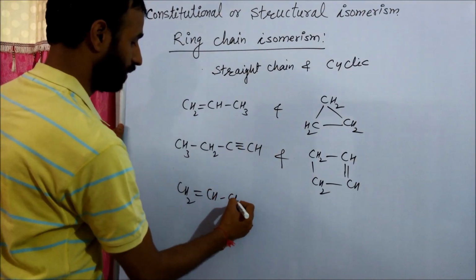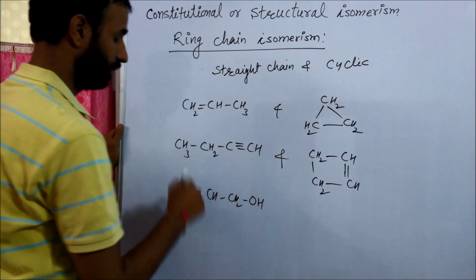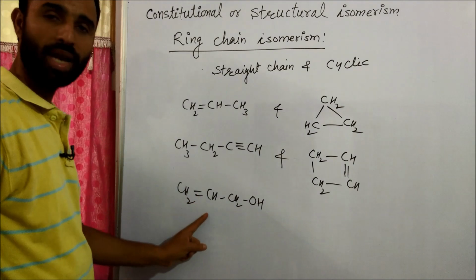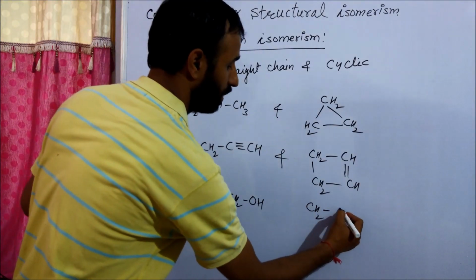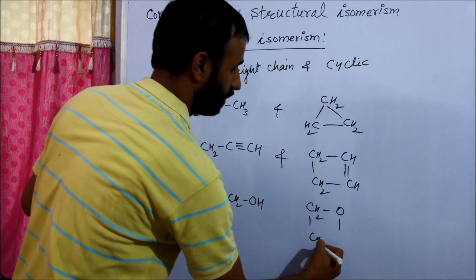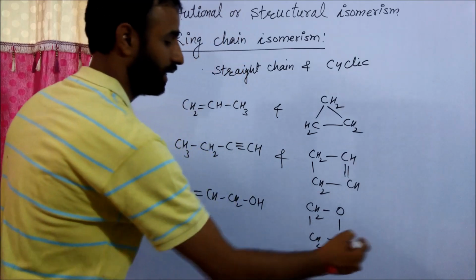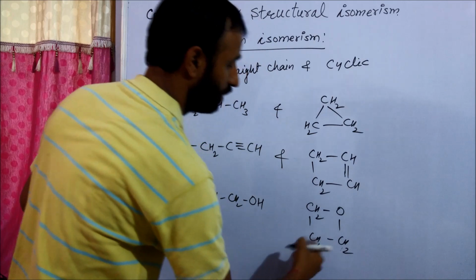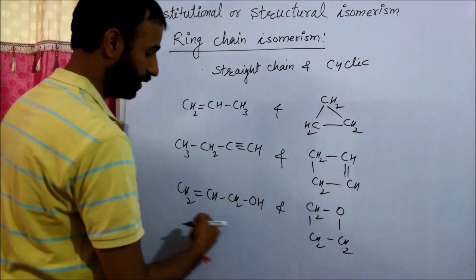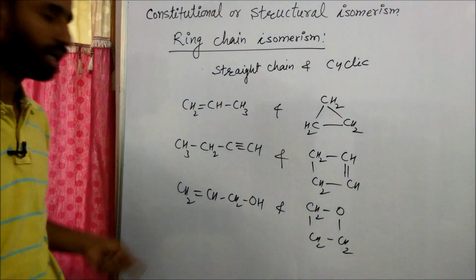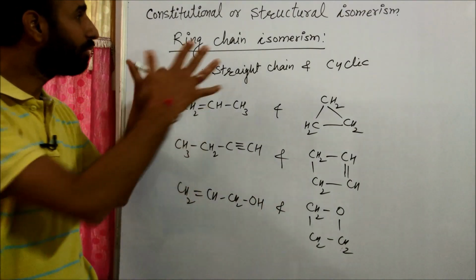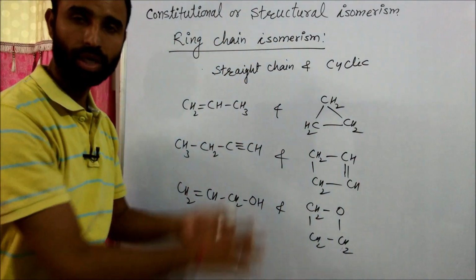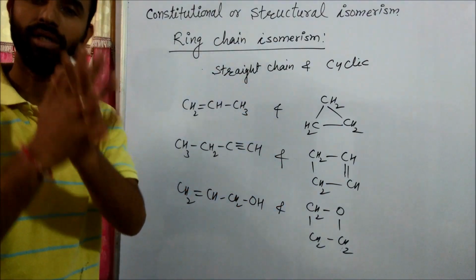Another example is provided by this is alkene-ol, and this is cyclic ether. So alkenol and cyclic ether are again ring chain isomers. But keep in mind, whenever you draw the structure, the degree of unsaturation should be same.